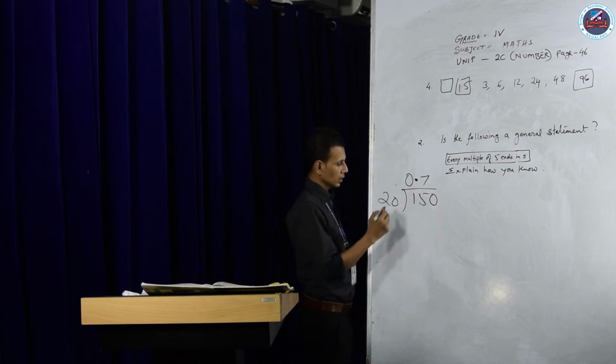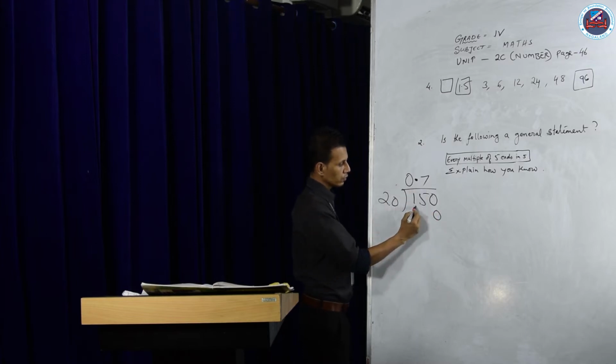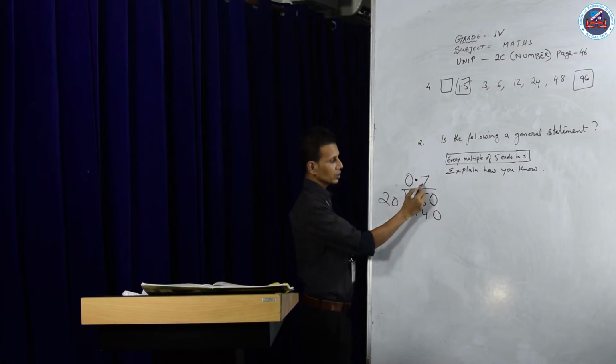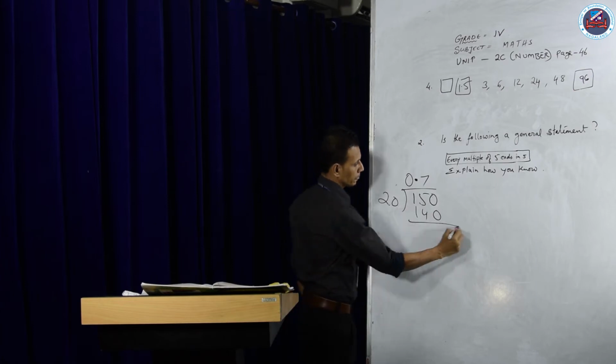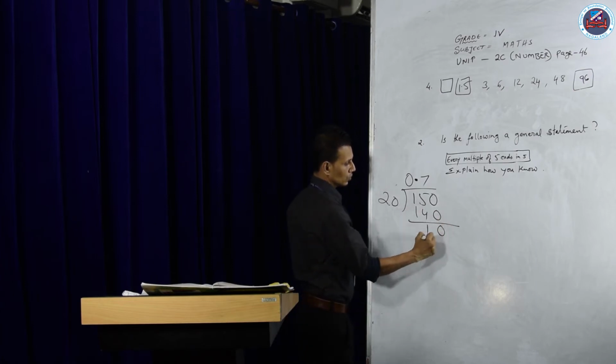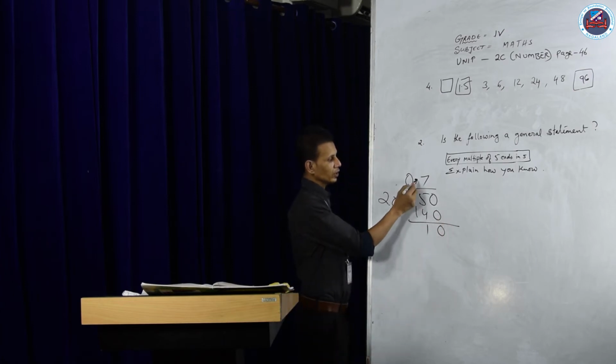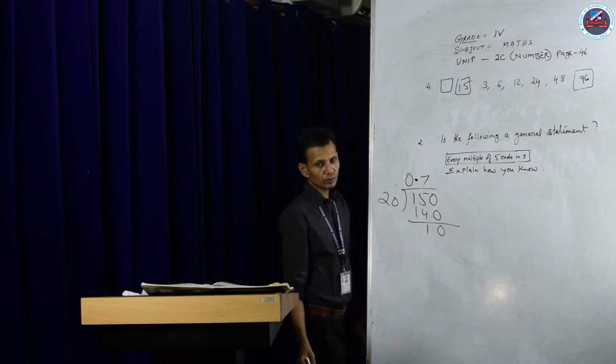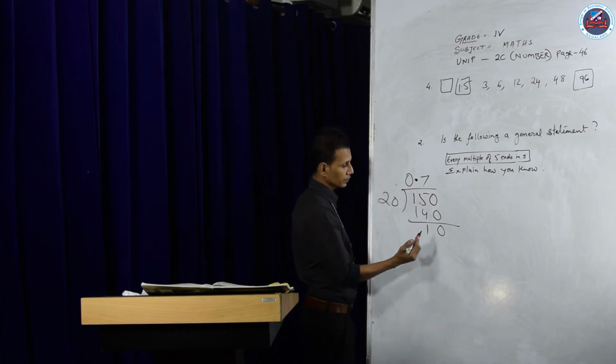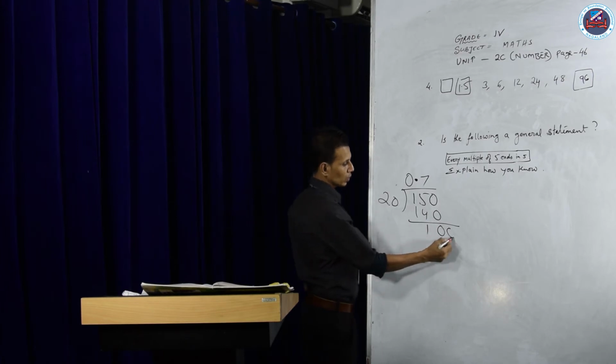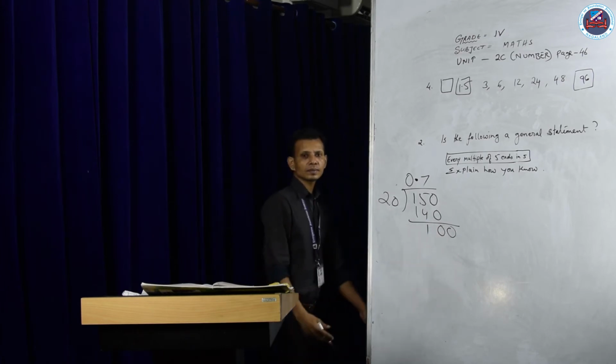Take it. Now how to do? 7 zeros are 0, 7 twos are 14. 20 into 7 is 140. Subtract, we get 10. As you have already given the decimal here, you don't need another decimal. Since we cannot divide, put one more 0. 20 times how much is 100?